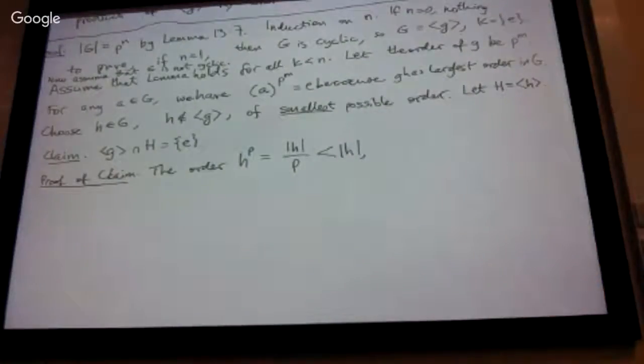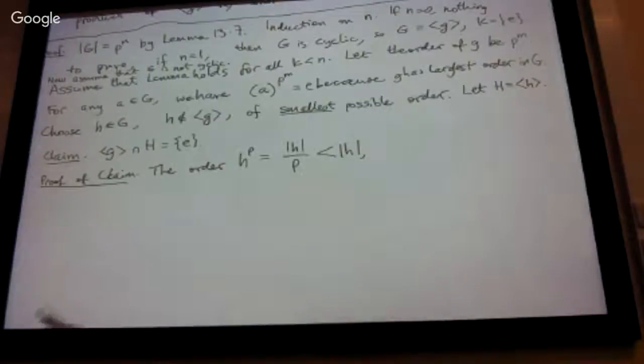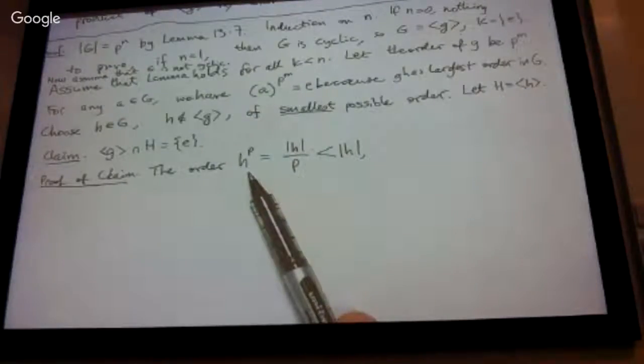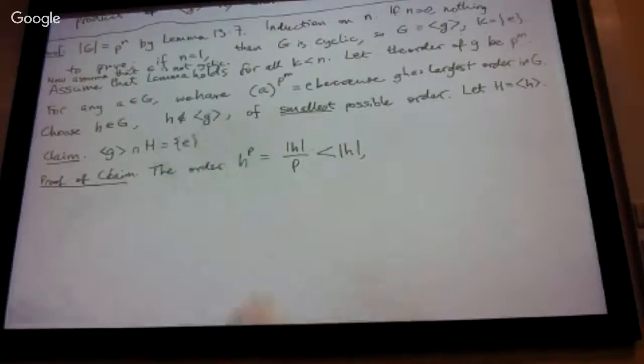Because it's less than the order of h, what happens? I didn't take this h to the p to be the element of smallest possible order which is not in that subgroup. Why? Well, because it is in that subgroup. There is no other explanation for it.